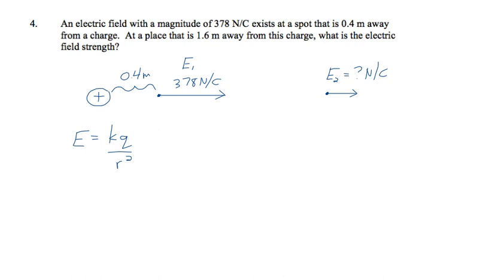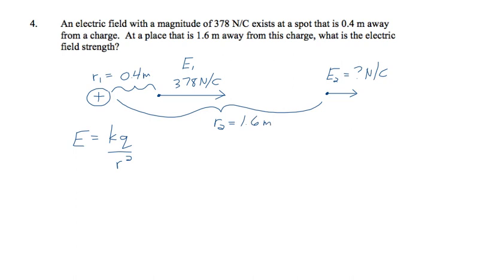So if this is my equation, that's what E1 is. It's based on R1. This distance right here is going to be R1. This distance right there is going to be my R2, which I also know: it's 1.6 meters.